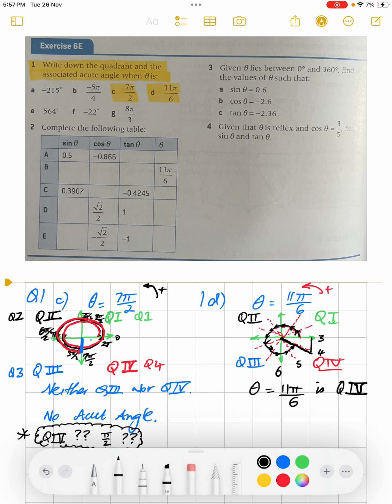If we take our triangle and go directly to the x-axis, we've got another 30 degrees, which is pi over 6. So the acute angle for 11 pi over 6 is in fact pi over 6. That's the angle that it makes to the x-axis, not the y-axis.